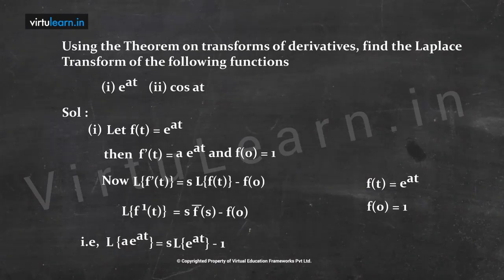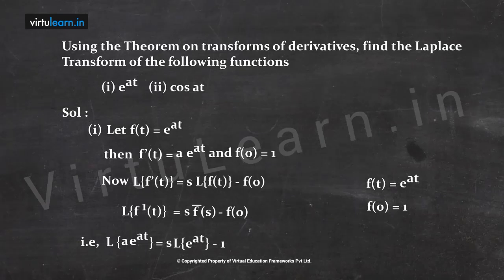Then observe this, you know very well the theorem formula. First derivative: Laplace transform of f dash of t equals s into Laplace transform of f of t minus f of 0, which is actually s into f bar of s minus f of 0.